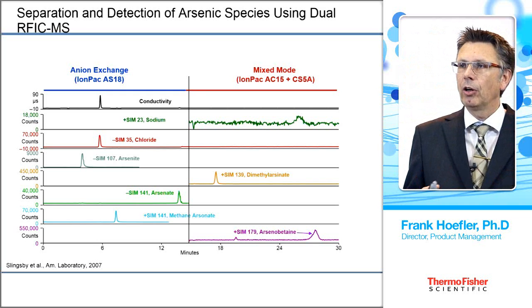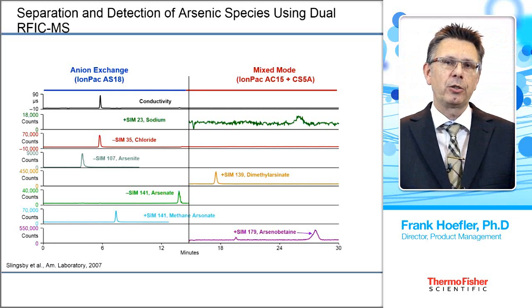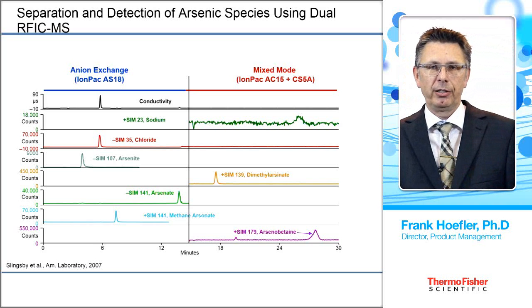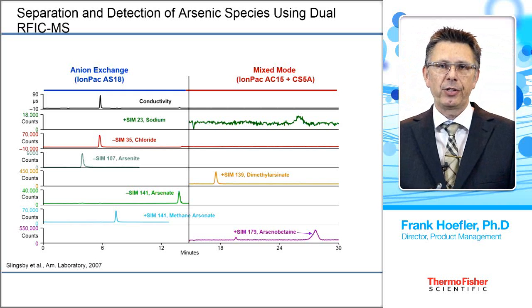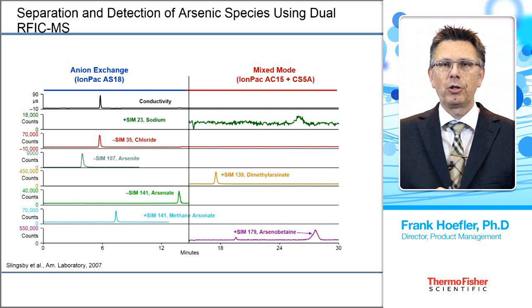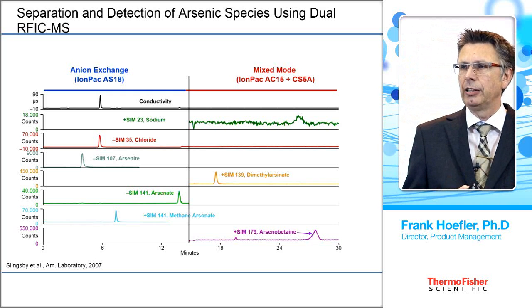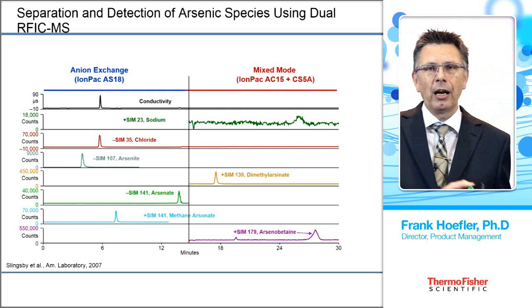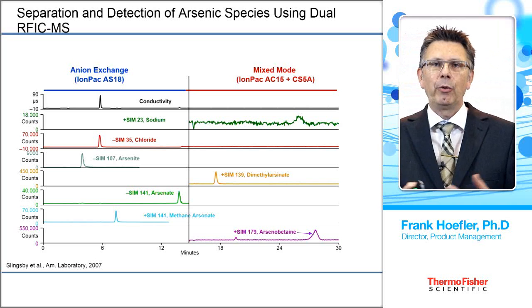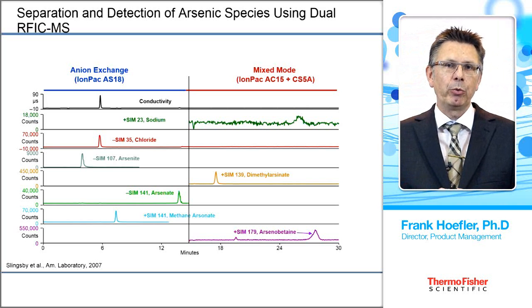But not all arsenic species are highly toxic. Some are, some aren't. So really finding out what species are in the sample, in addition to the total content, gives additional value. And since arsenic can be anionic or cationic, we need to separate both and would like to detect them typically in one run.